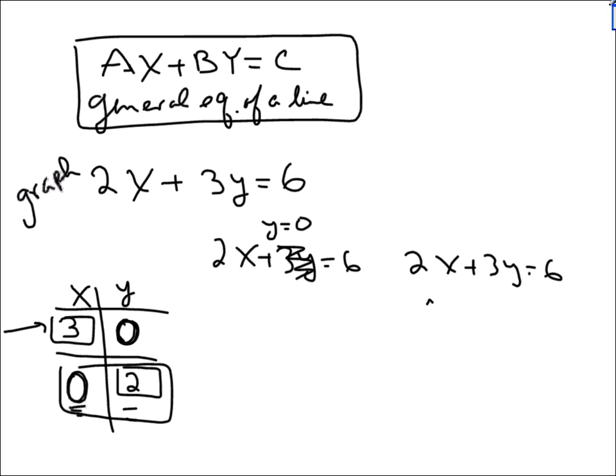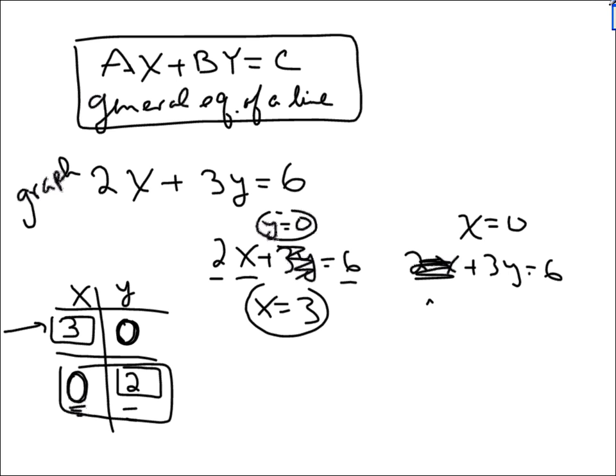That means you cross this out. 2 times some number equals 6, so 3. When y is 0, x is 3. Then you let x equal 0. That means this is not here. 3 times some number is 6. That number is 2. So when x is 0, y is 2.